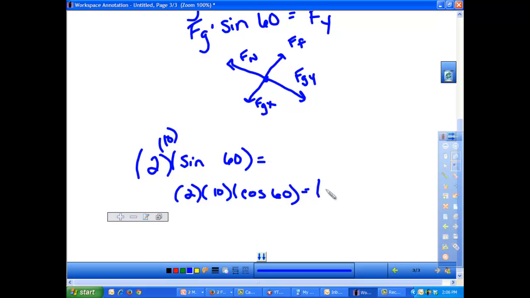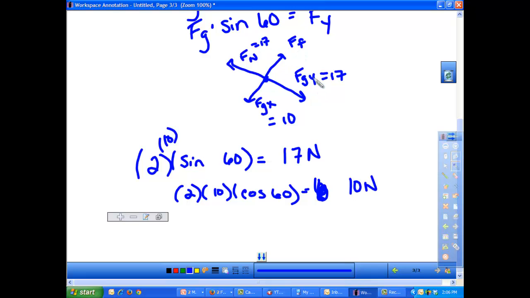So that means that our force in the x direction is about 10 newtons. And then in the y direction, we have a force of about 17 newtons. So that means this is 17, and that means this normal force is 17, and this x direction is 10.